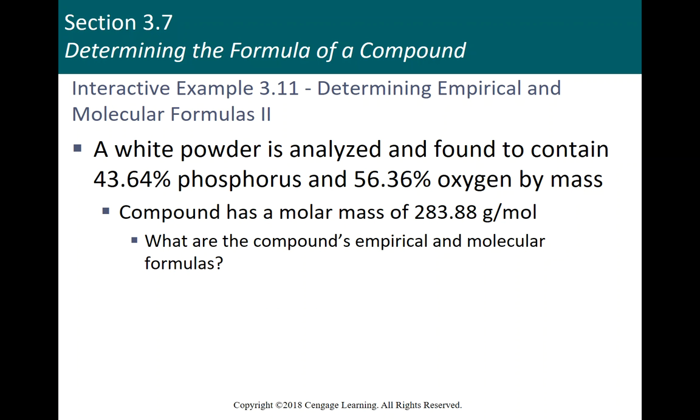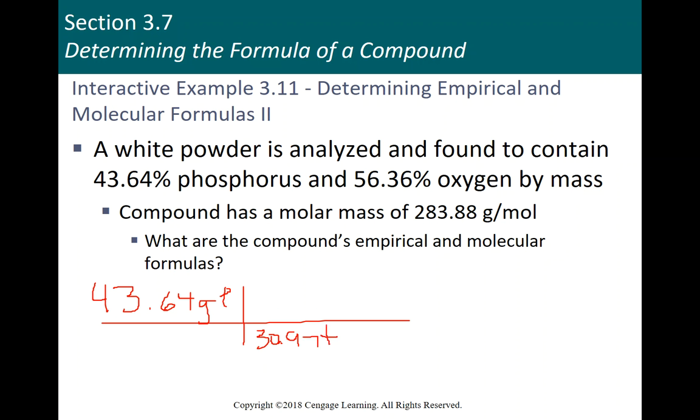So, for example, we're going to start off here with phosphorus, and we have percentages. We're going to pretend we have 100 grams, so we have 43.64 grams of phosphorus. From the periodic table, phosphorus has a molar mass of 30.973 grams in 1 mole.